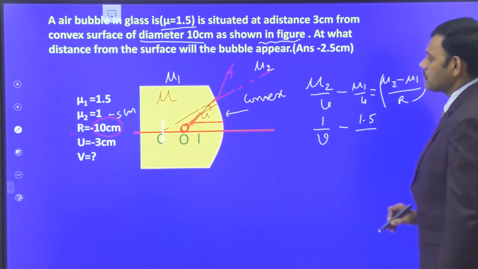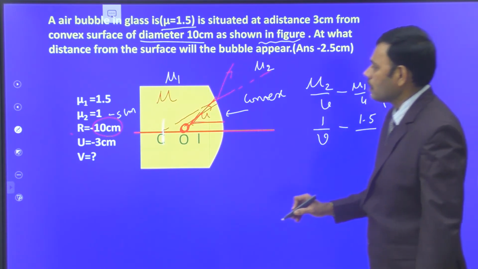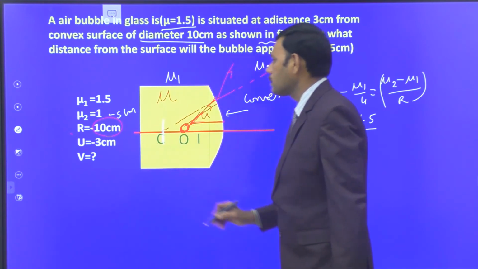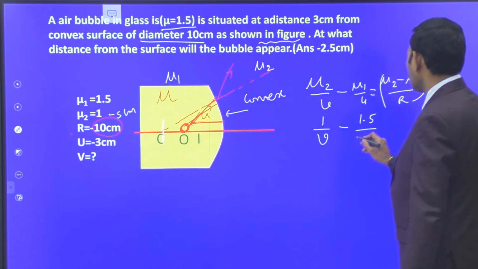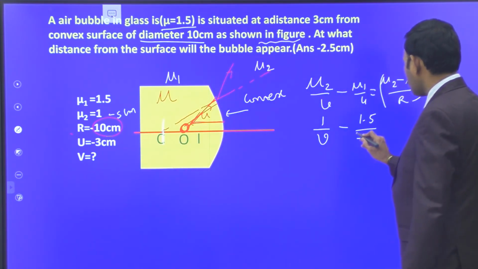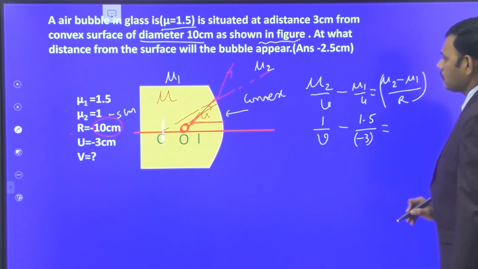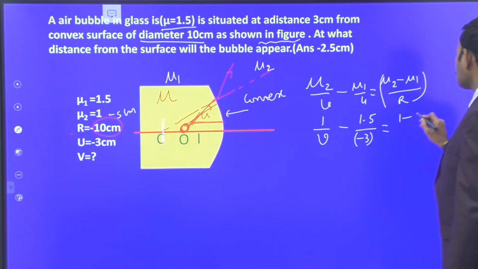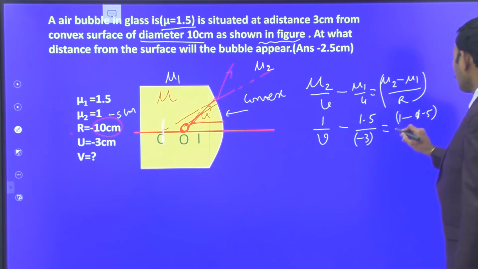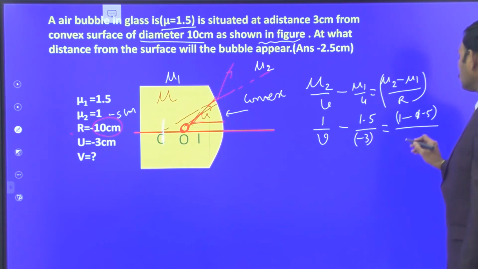The object distance is given: initially the object is kept at minus 3 centimeters. So using the sign convention, 1 by V minus 1.5 by minus 3 is equal to mu2 minus mu1, that is 1 minus 1.5, divided by the R value. The radius of curvature is minus 5.